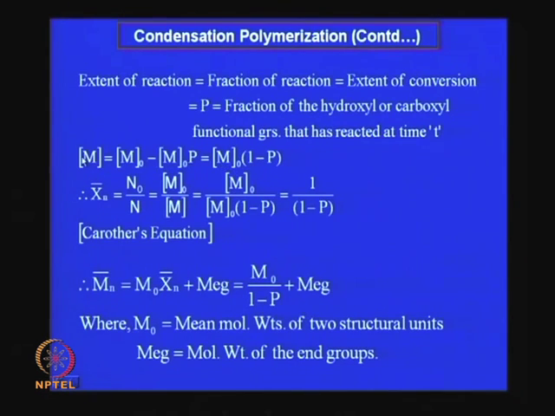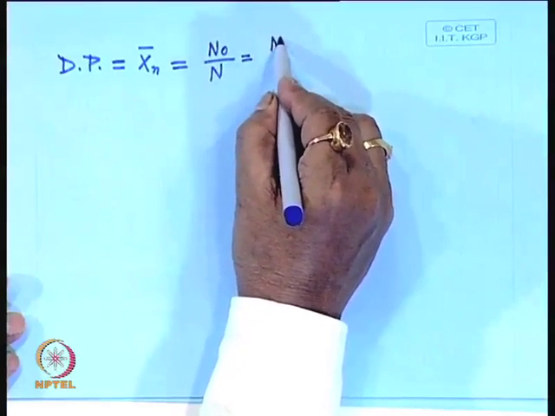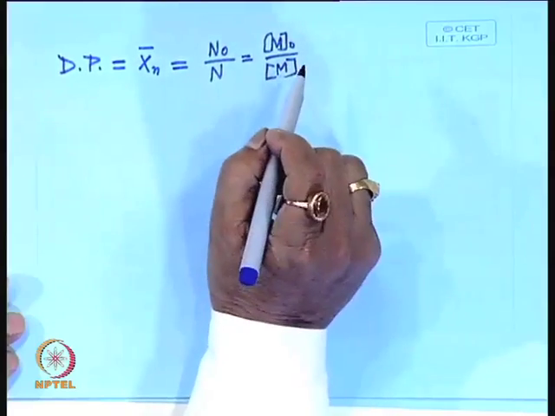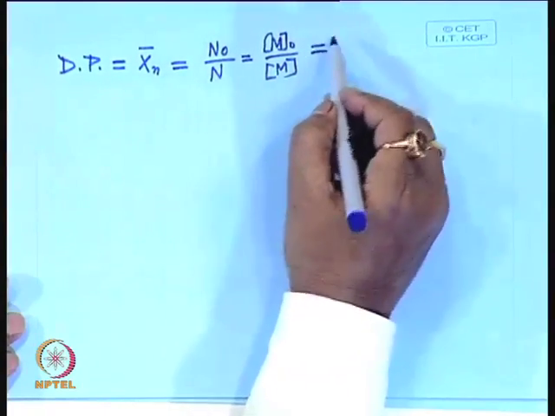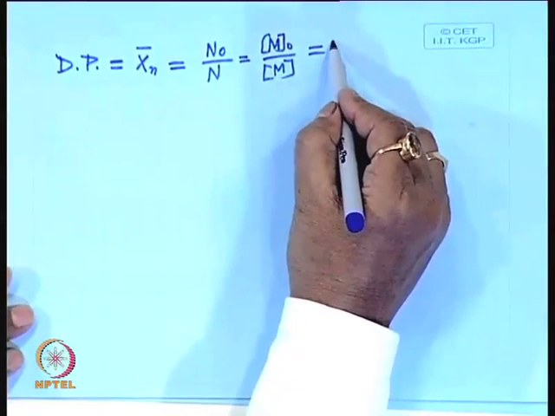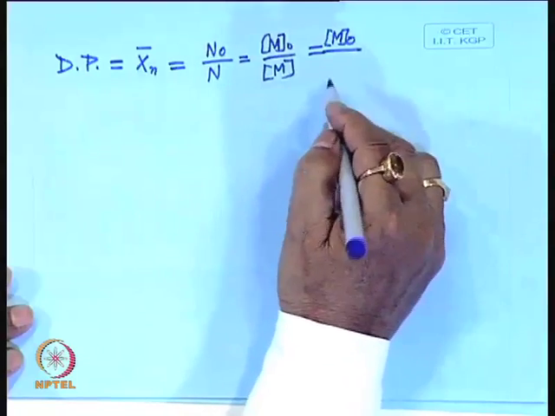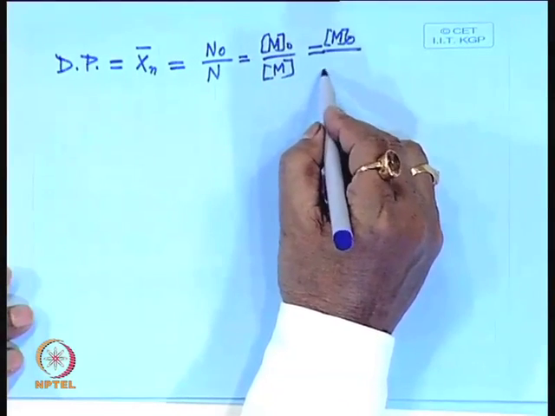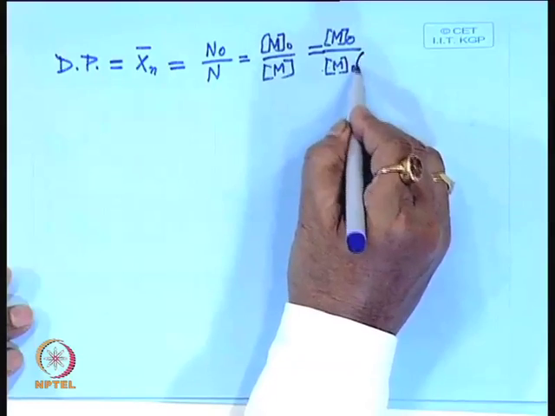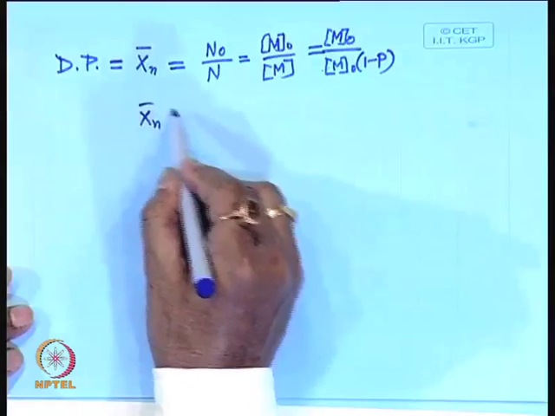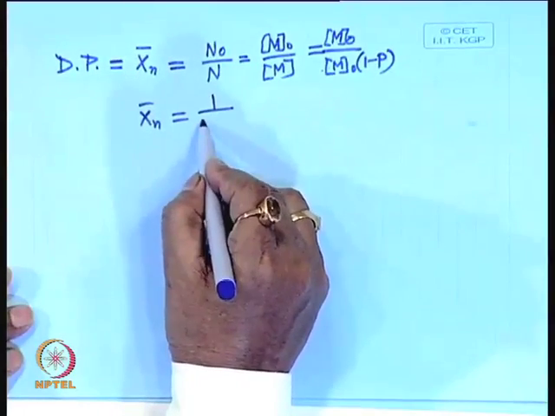So, you can convert it into mass, then number into mass of each. You can also write this way, M0 by M. If it is M0 by M, then what is M? This is M0 into 1 minus p, meaning Xn bar is equal to 1 by 1 minus p.